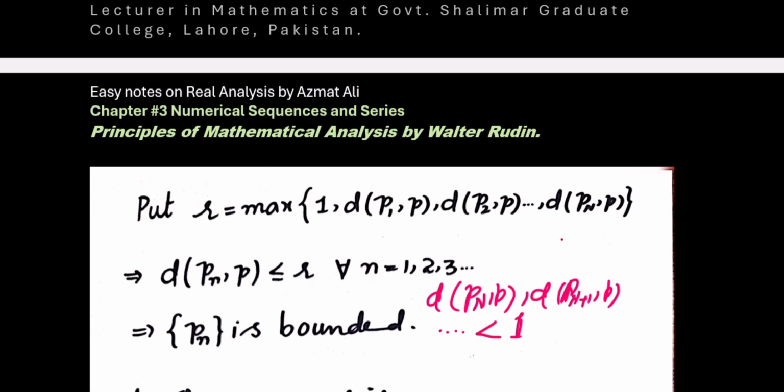Now what about the terms which are less than N? Suppose these are my terms, and this is my N. All the terms starting from here are always within distance 1.